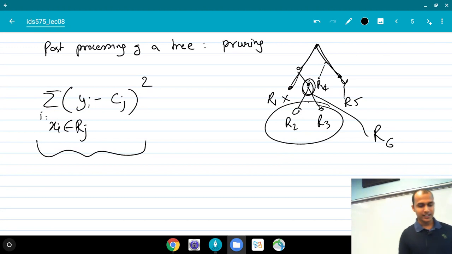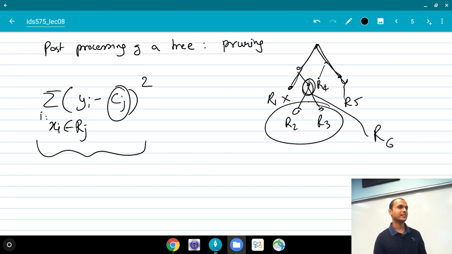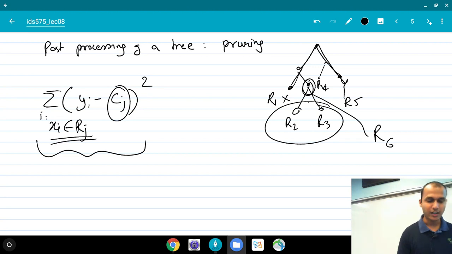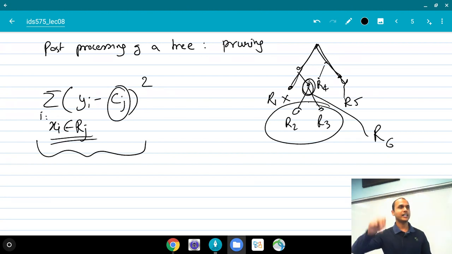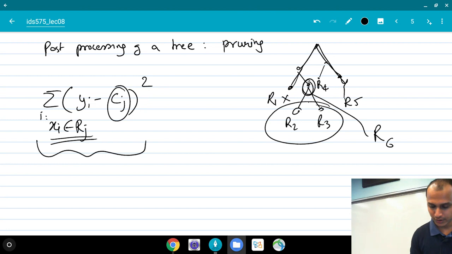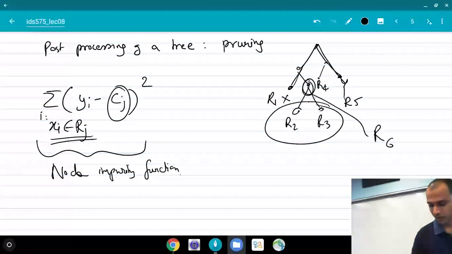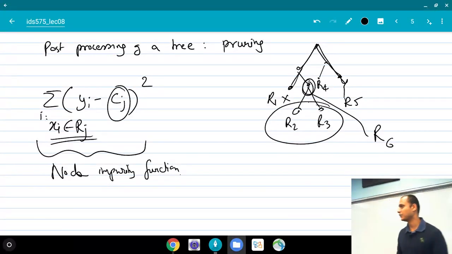It's just saying, in this region, if I choose some constant cj, how bad is that constant? For example, if my data points in this region all have values hovering around 10, and I choose my cj to be 2, then it's a bad choice, right? This gives me a value for node impurity.